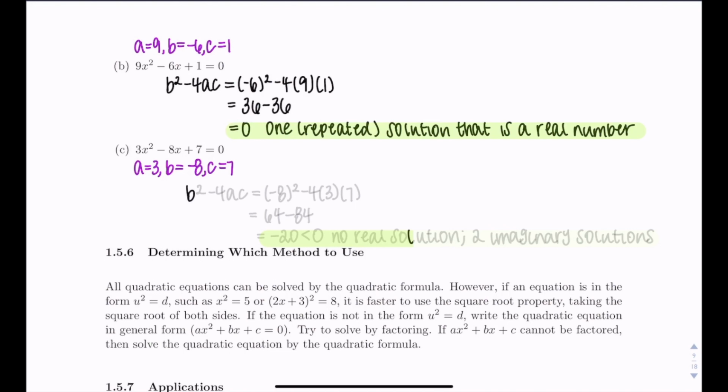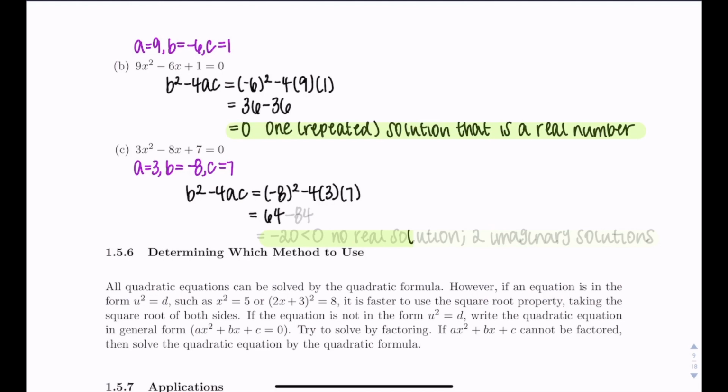So b squared minus 4ac. We have negative 8 squared minus 4 times 3 times 7. Well, this is just 64.